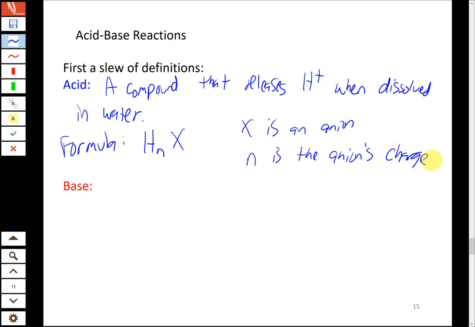All right, so classic acids are things like HCl, HBr, or H2SO4. Hydrogen pairs with many of the common anions that we know about from ionic compounds. Now, the other half of this acid-base reaction will be the base itself. So a base is a compound that releases OH- when you dissolve it in water.